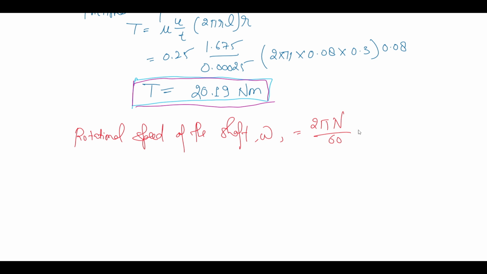For this, 2 pi n, where 200 is given, divided by 60. So I get omega equal to 20.93 radian per second.